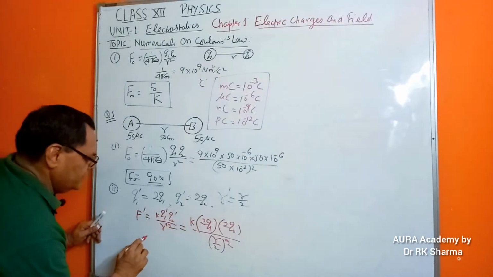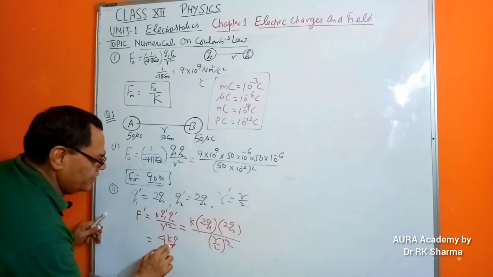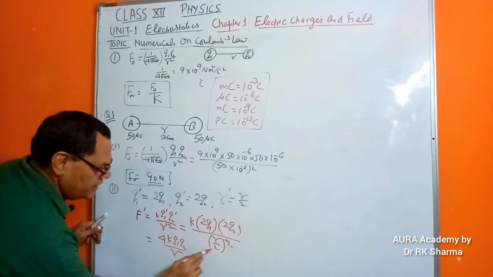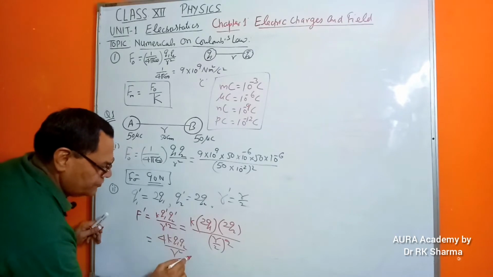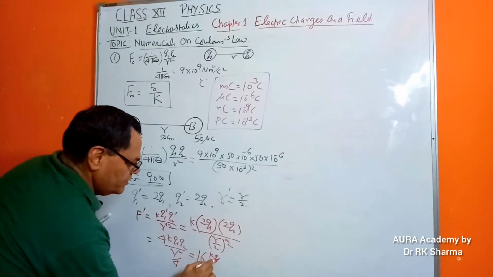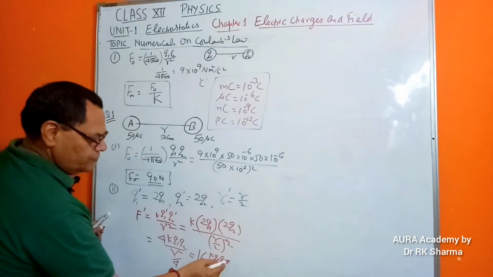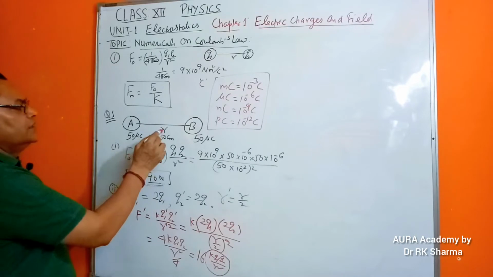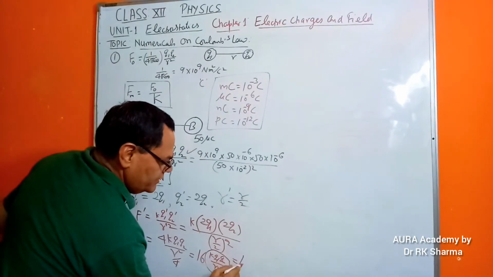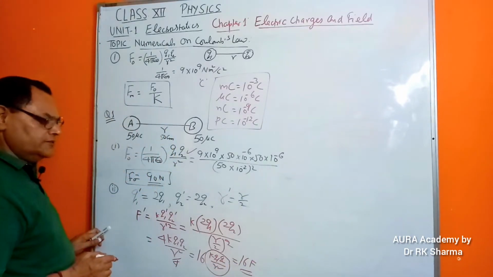So we can simplify, how much will you get? 2 twos are 4, so 4 k Q1 Q2 upon R square and by 4. So this 4 goes up, and you will see 16 k Q1 Q2 upon R square. And this k Q1 Q2 upon R square is basically the original force formula. Meaning thereby it is becoming 16 times the original force.